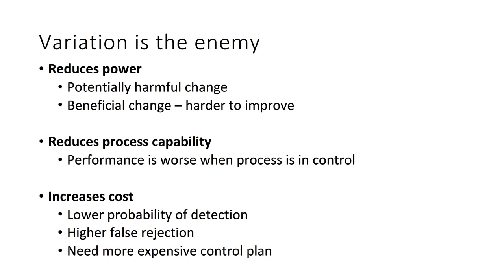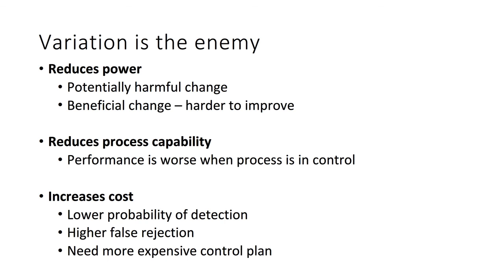Finally, as we showed in this video, variation increases costs. And there are several reasons for this. First, the lower probability of detection means there's an increased risk to patients, and this can be costly. Here I'm using cost in a generic sense to include the impact on diagnosis, prognosis, treatment, and outcomes. High variation leads to complex detection schemes that increase the false rejection rate.